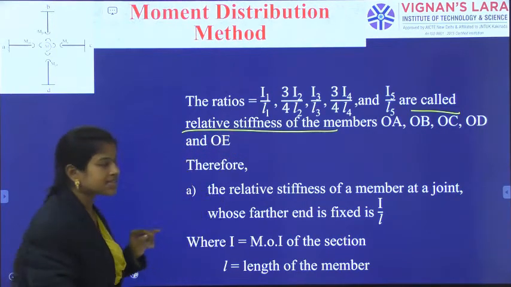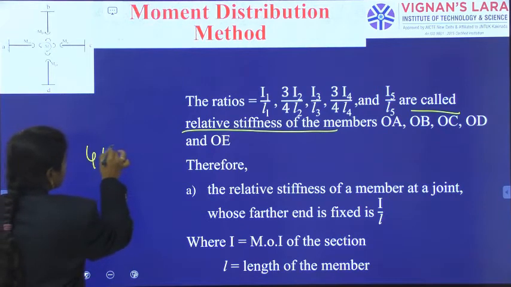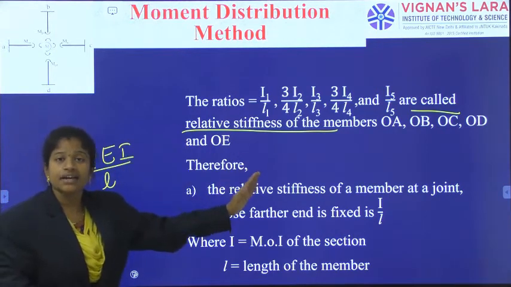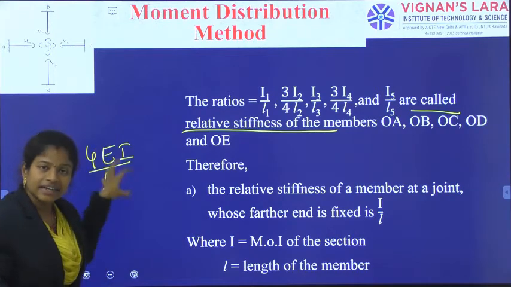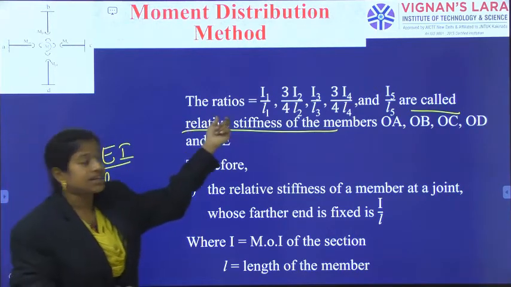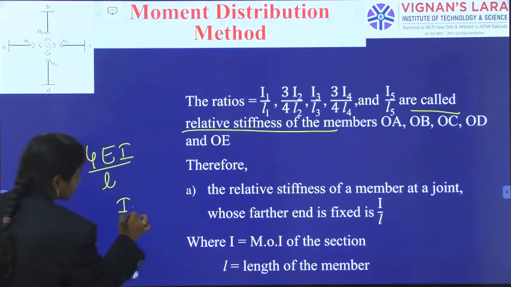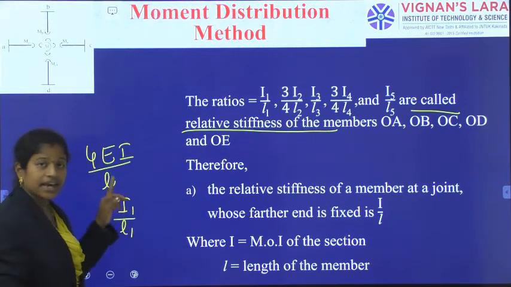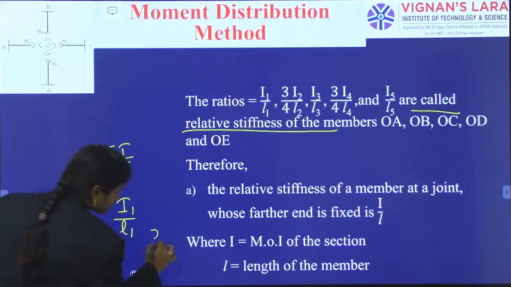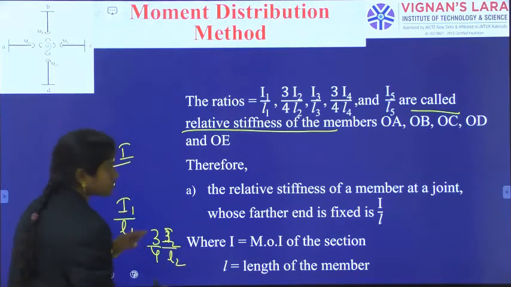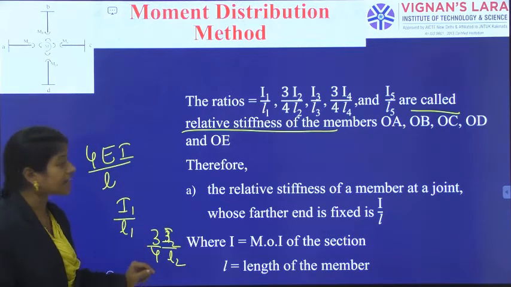Once the stiffness is calculated as 4EI by L, with reference to the next term, I can write the relative stiffnesses like this. The first member has I1 by L1 stiffness, and the second member has 3/4 of I2 by L2. So that is the relative stiffness of the second member.